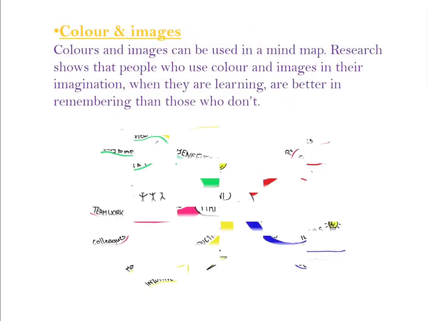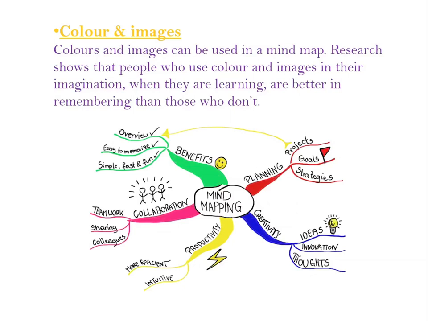Colors and images. Colors and images can be used in a mind map. Research shows that people who use color and images in their imagination when they are learning are better at remembering than those who don't. So students, there is a liberty in a mind map.